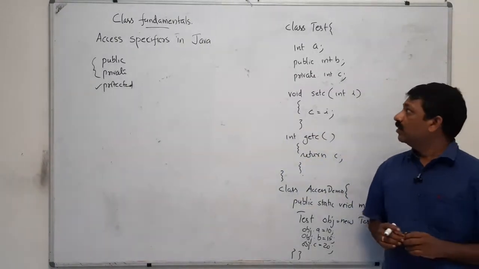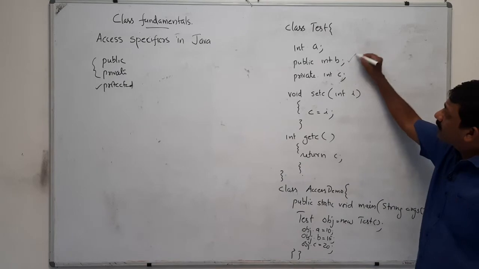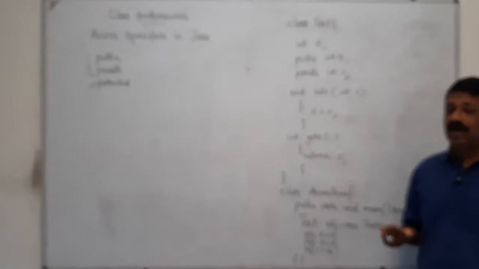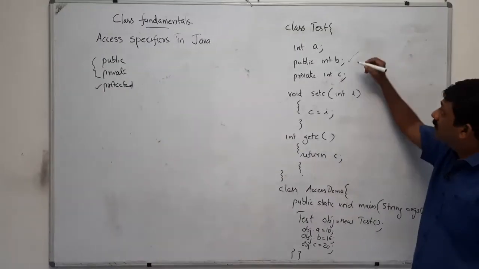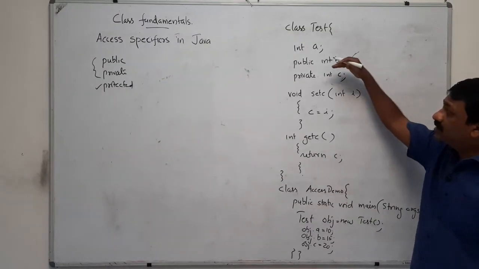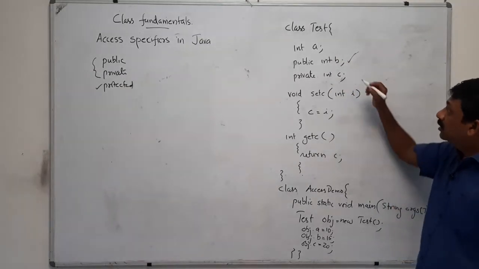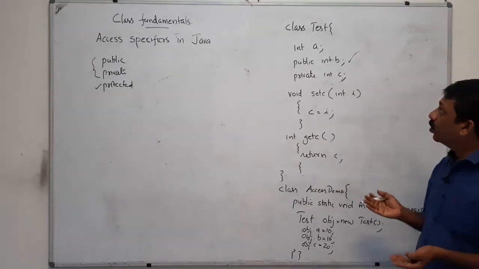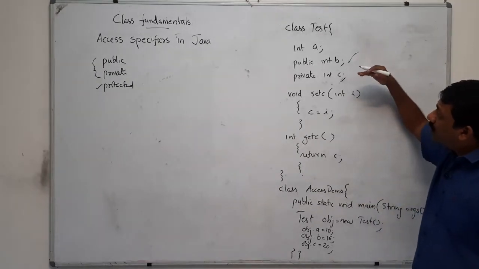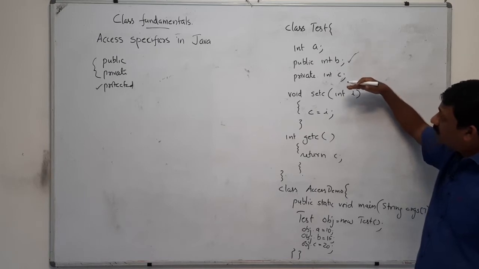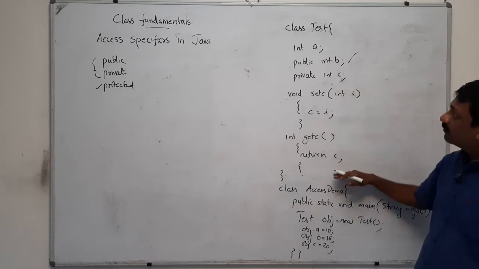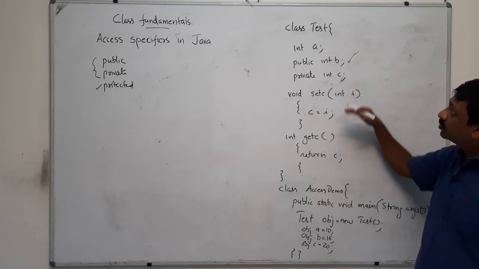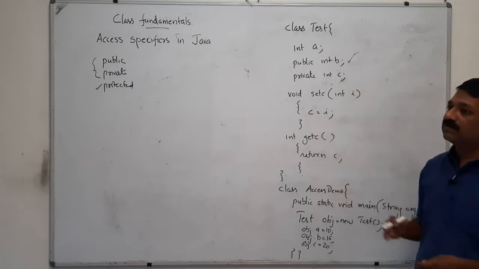A public variable can be accessed by other classes. That means it is publicly available, and this private variable is an encapsulated one. That means only the methods that belong to this class can use that private variable.